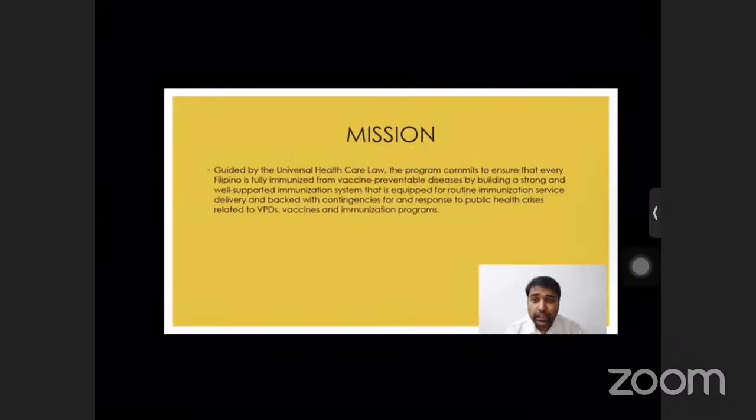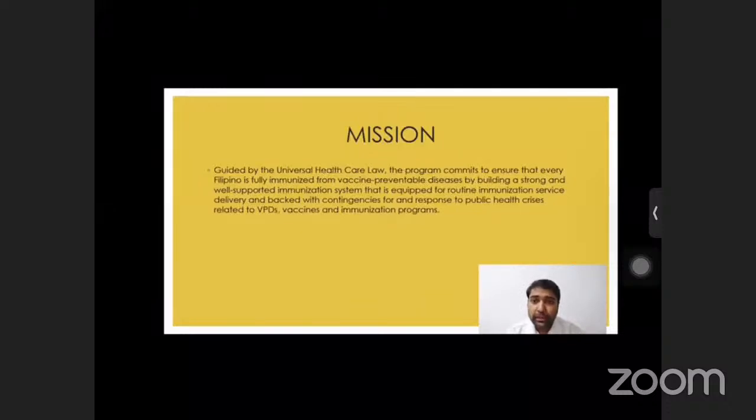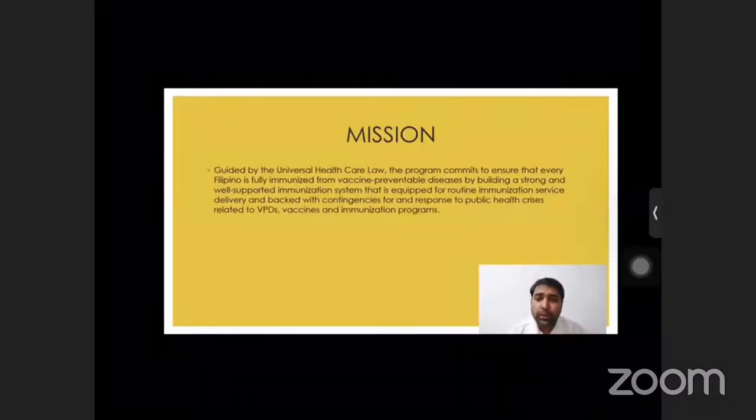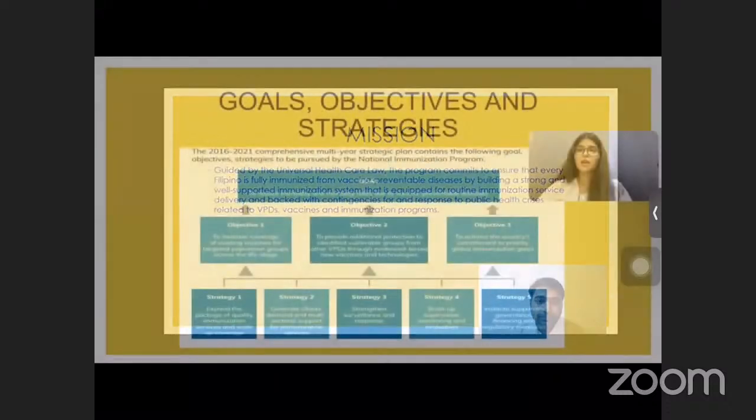Guided by the Universal Health Care Law, the program commits to ensure that every Filipino is fully immunized from vaccine-preventable diseases by building a strong and well-supported immunization system that is equipped for routine immunization service delivery and backed with contingency plans for response to public health crises related to VPDs, vaccines, and immunization programs.